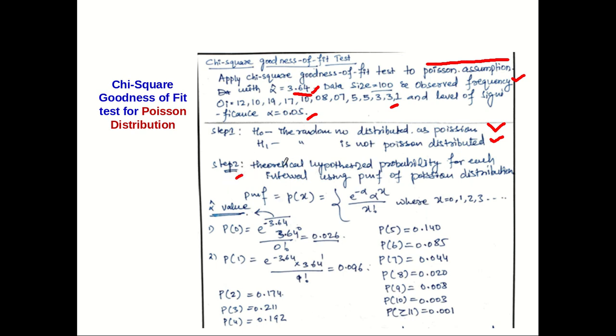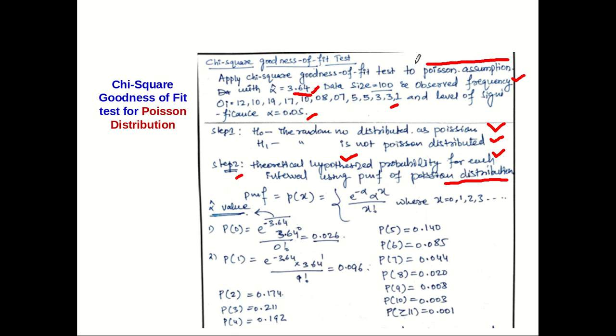In this step, we find the theoretical hypothesized probability for each class interval using the PMF of the Poisson distribution. Why are we using the PMF of the Poisson distribution?